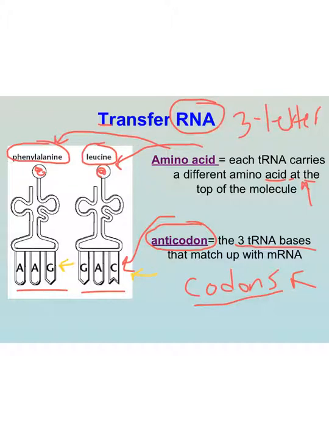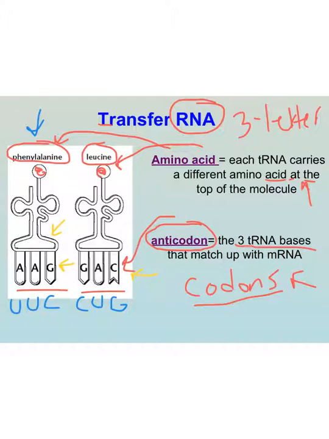Alright, so what would the codon be that would match up for this tRNA's anticodon? Well, obviously, A goes with U, A goes with U, G goes with C. Boom. That tRNA would drop off phenylalanine, the amino acid phenylalanine. Alright, what would be the next 3 letters in the mRNA? Well, G goes with C, A goes with U, C goes with G. Boom.